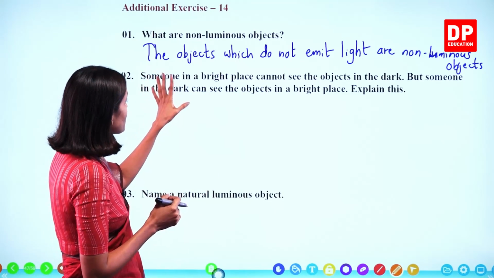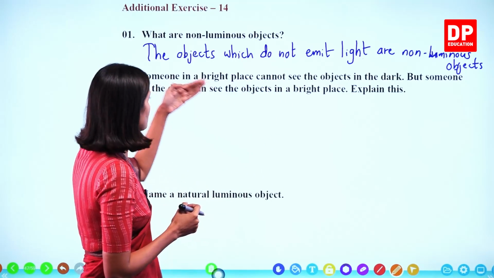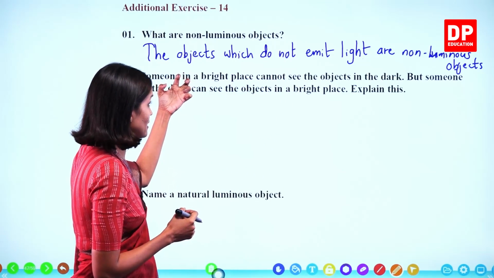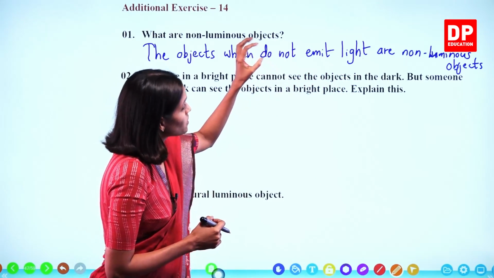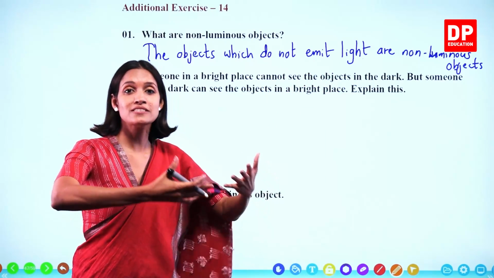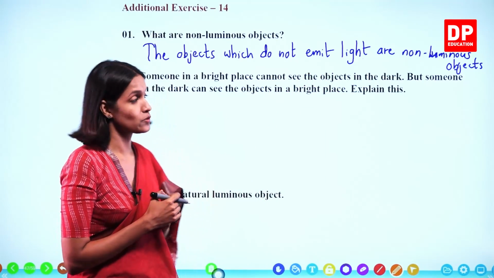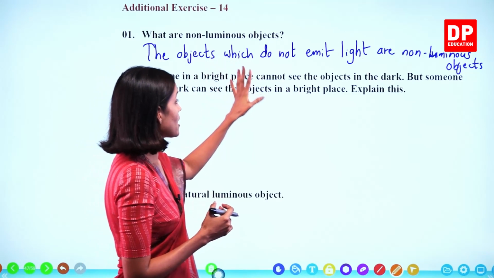So someone in a bright place cannot see the objects in the dark. Even though the person is in a bright place, the objects are dark, right? So light will not fall onto the objects and there are no light rays that reach our eyes, okay? But someone in the dark can see the objects in a bright place.